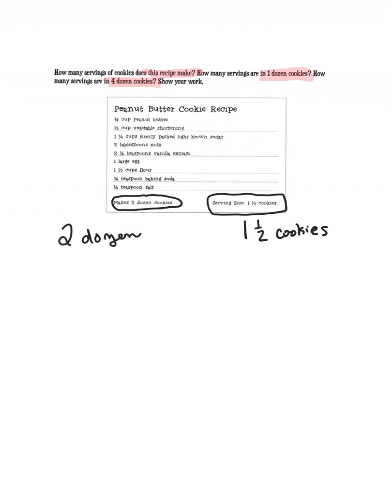Here I have 2 different units of measurement. I have dozen of cookies and I have individual cookies. So I need to convert my 2 dozen to individual cookies. There's 12 cookies in a dozen, so that means 2 dozen will be 24 cookies.